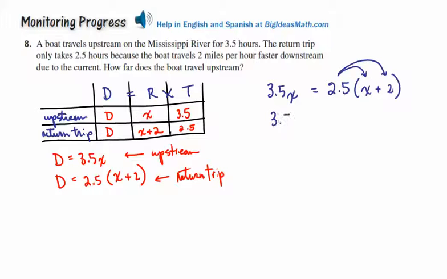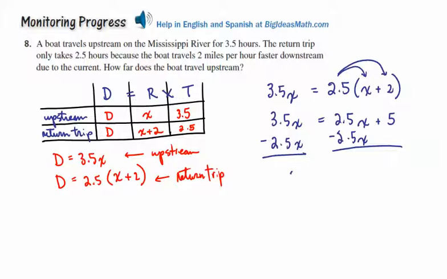Left side stays the same for now, and we have 2.5x, then 2 times 2.5, get your calculator out, we have 5. We're going to move the variables to the left by subtracting 2.5x from both sides, leaving x equals 5.